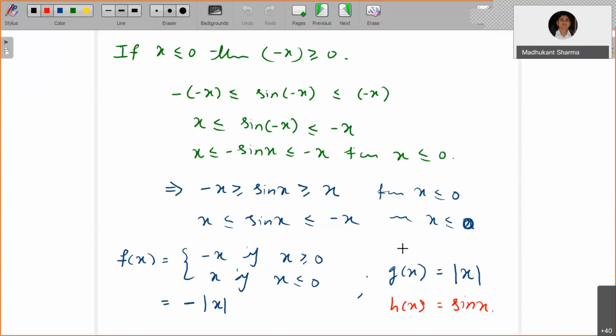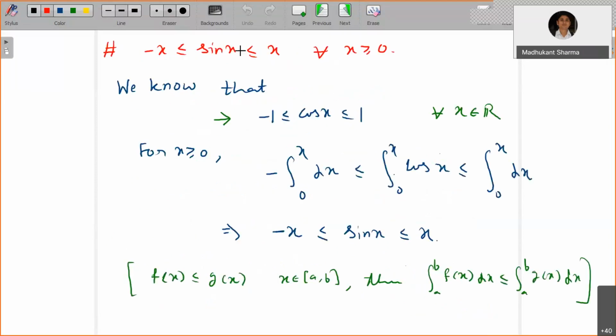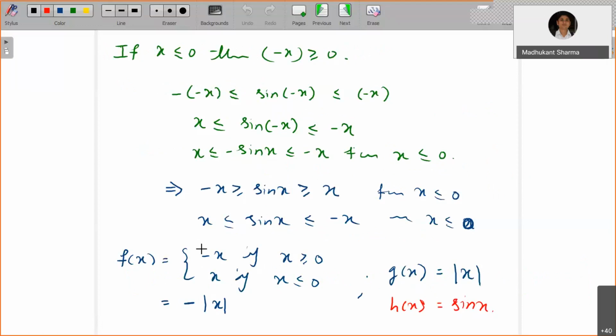Then how have you defined this f of x? f of x is minus x if x is greater than or equal to 0, and f of x is x if x is less than or equal to 0. So for this left side I am identifying it. Previously we saw minus x is less than or equal to sine x, less than or equal to x, for every x greater than or equal to 0. Okay, yes, got it.